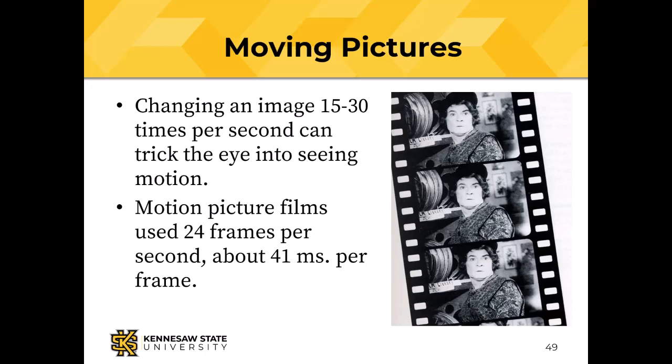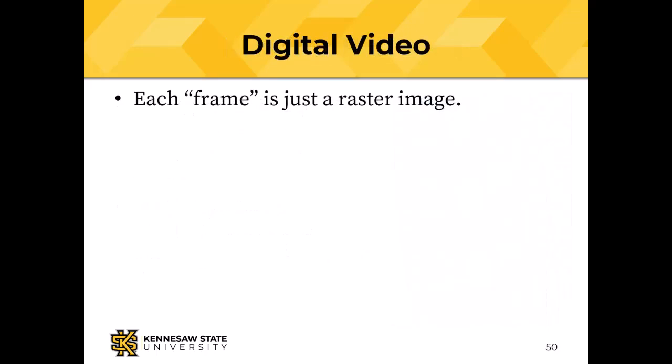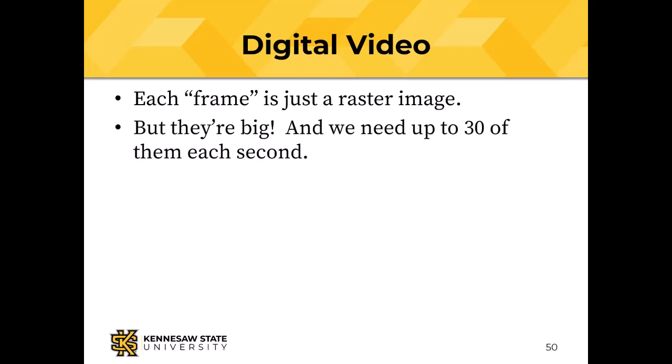Each of those frames is slightly different from the one before it, and together they trick us into thinking that we are seeing motion. Each frame is just a raster image, but they're big, and we need up to 30 or even more of them a second. So we might need as much as 27 megabytes of data every second to display moving images.